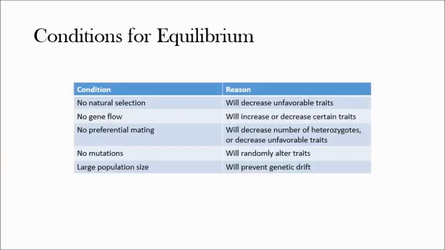Now, before I get into those equations, there are a couple conditions that we need to cover, and the reason for these conditions is that without them, no population can actually achieve full equilibrium. Another big thing, we will be dealing with various frequencies of alleles, which are essentially different forms of a gene.